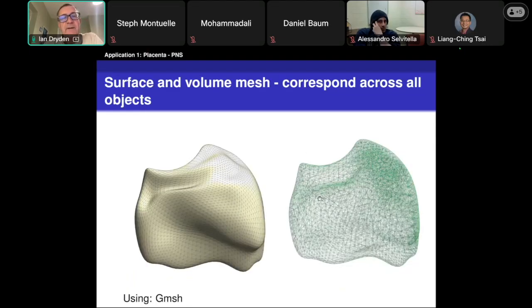So what we end up at the end of the day is, for each of the placenta, a grid. Basically, we have got a surface and a volume inside as points, and they all correspond. So at all 19 placentas, you've got a grid which has corresponding points. So meaningful correspondence across the whole of the placenta.